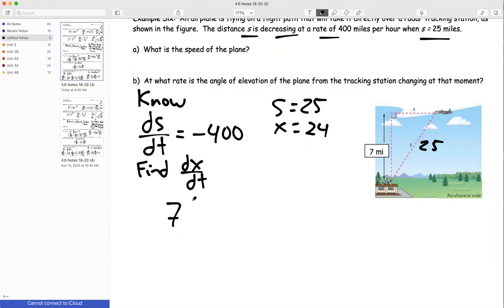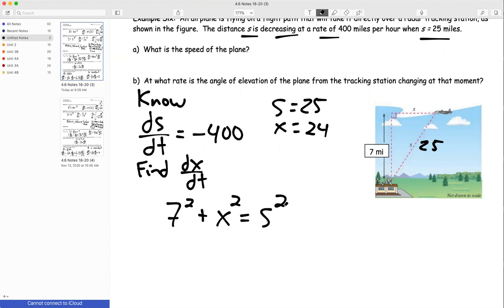So I can do this. I'm going to write 7 squared plus x squared is equal to s squared. And so I can plug in 7 already because it is given, but it is a constant.